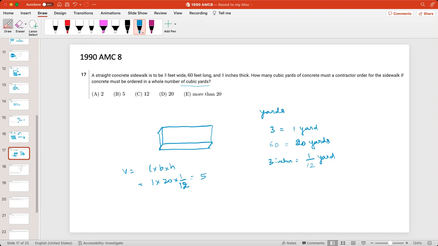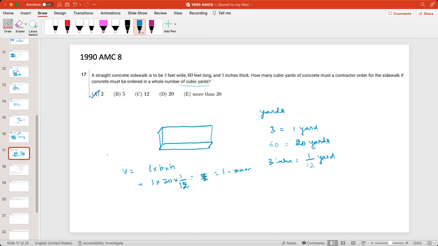Correct? So we are going to get 1 point something as the answer. So your answer option is A, it will be 1 point xxx, because we need only close to 1 cubic yard. So for that we are going to order a whole cubic yard or 2 cubic yards.